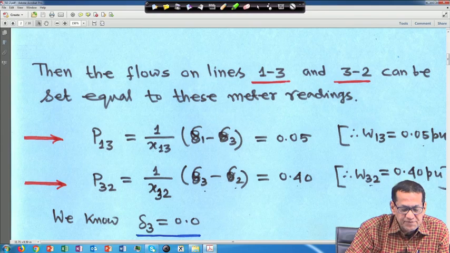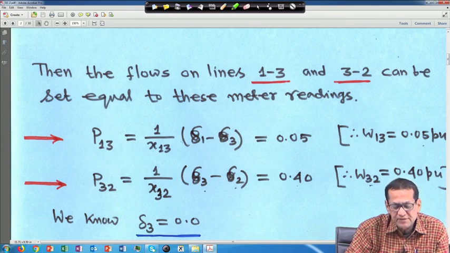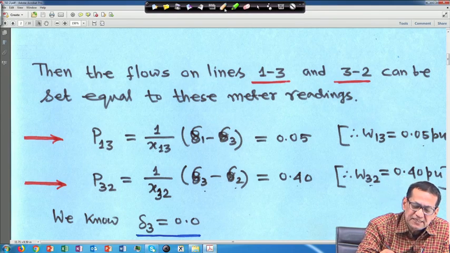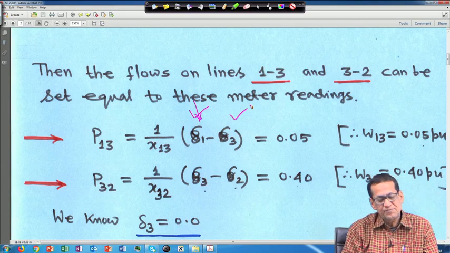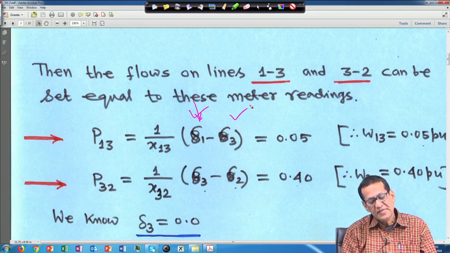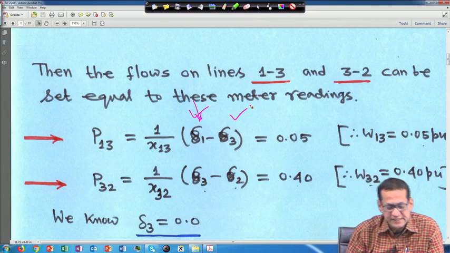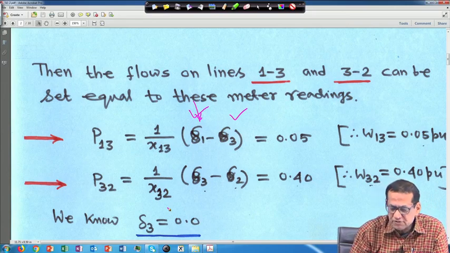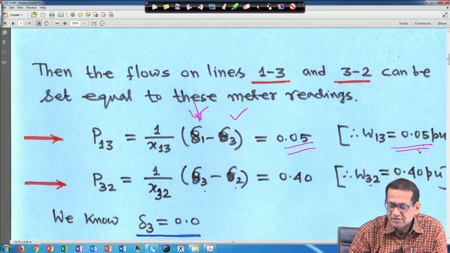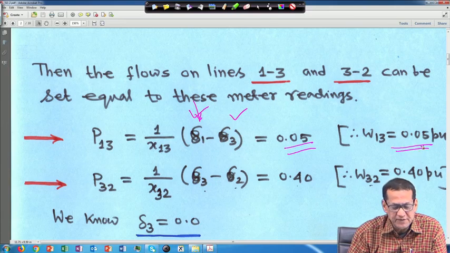For example, P13 will take 1 upon x13. We have taken the angle as delta instead of theta now; throughout we will assume delta 1 and delta 3. So, P13 is simply 1 upon x13 times delta 1 minus delta 3. We have been given all x13, x32 and x12 values. So, substitute all, and you will get 0.05, that is W13, right.